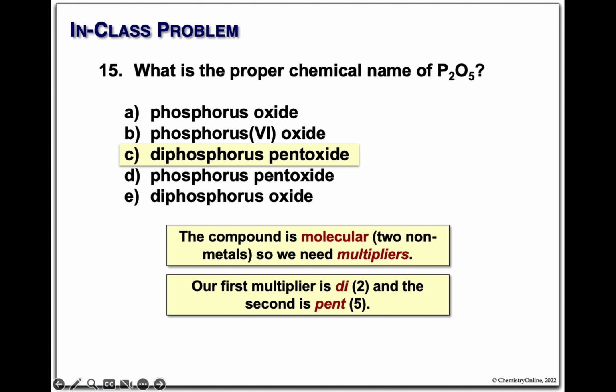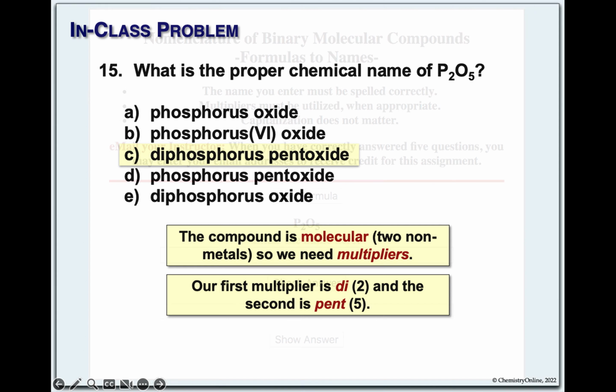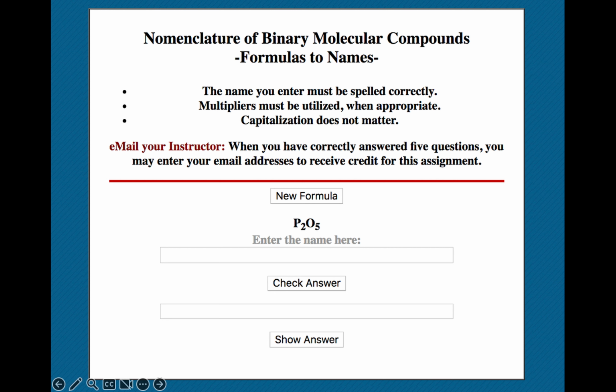And of course, there are several tutorials for naming, as well as lab 5. P2O5, well, we just did that. Determine if it's molecular or not. If it is molecular, put in your multipliers, and that's it. Any questions?